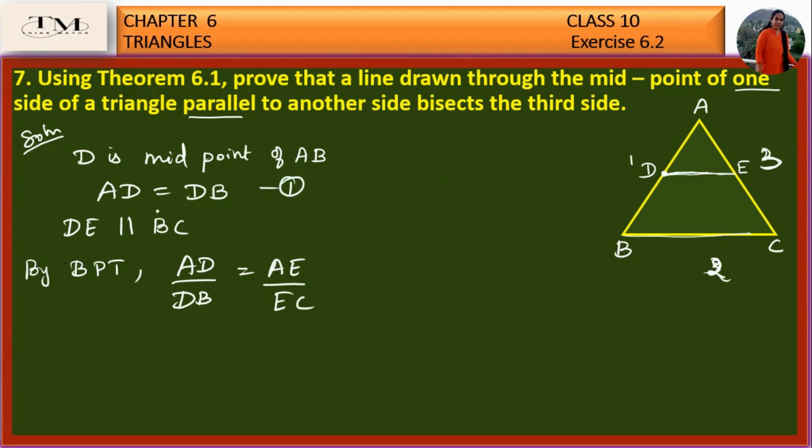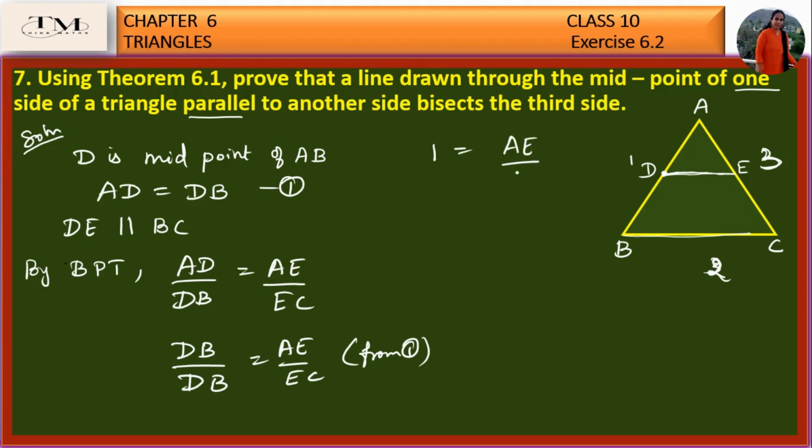So from 1 we have AD is equal to DB. So instead of AD you can put DB. So DB by DB equals AE by EC. DB by DB means it is 1. So 1 equals AE by EC.